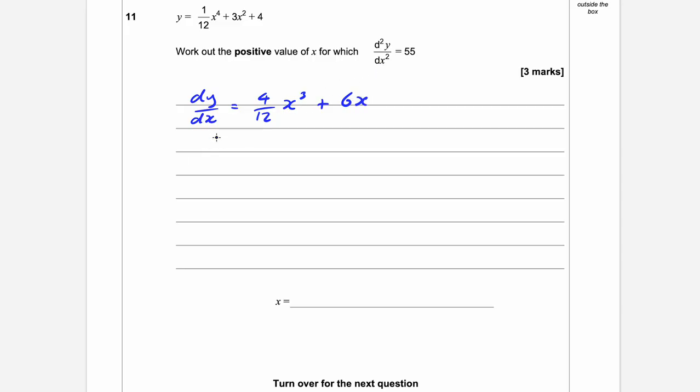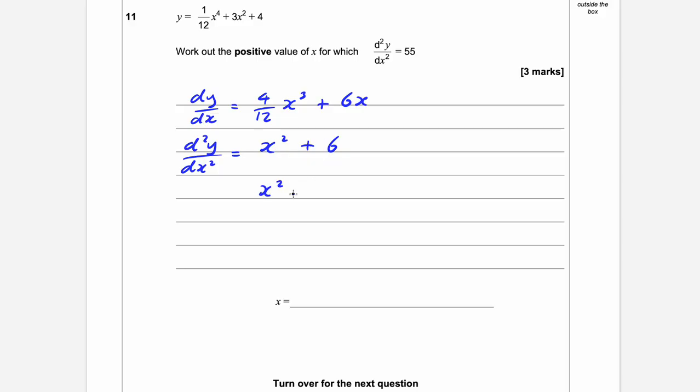Then second derivative, d2y/dx squared, is equal to, multiply by the power here, I'm going to get 12 over 12, which is just 1, so it's just going to be x squared, subtract 1 from the power, and this is plus 6.